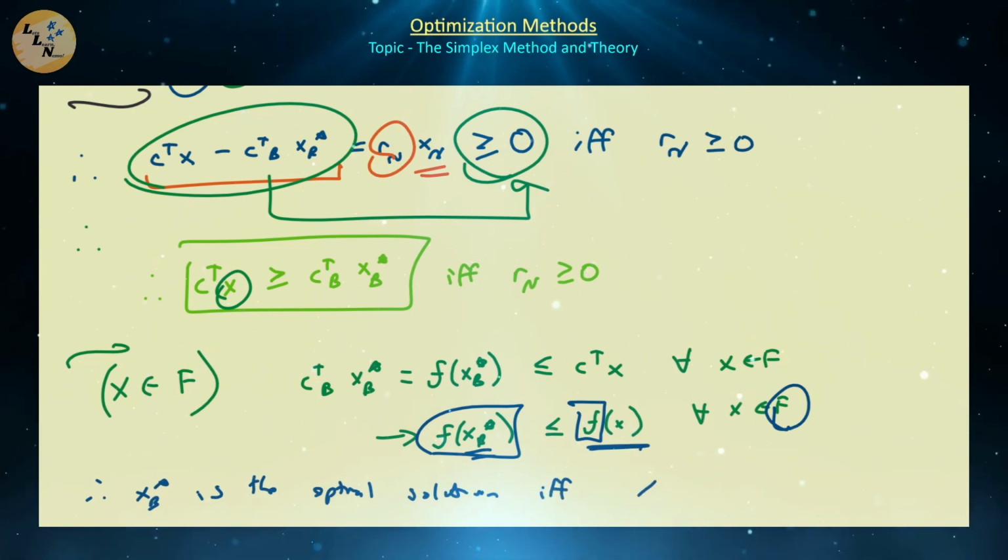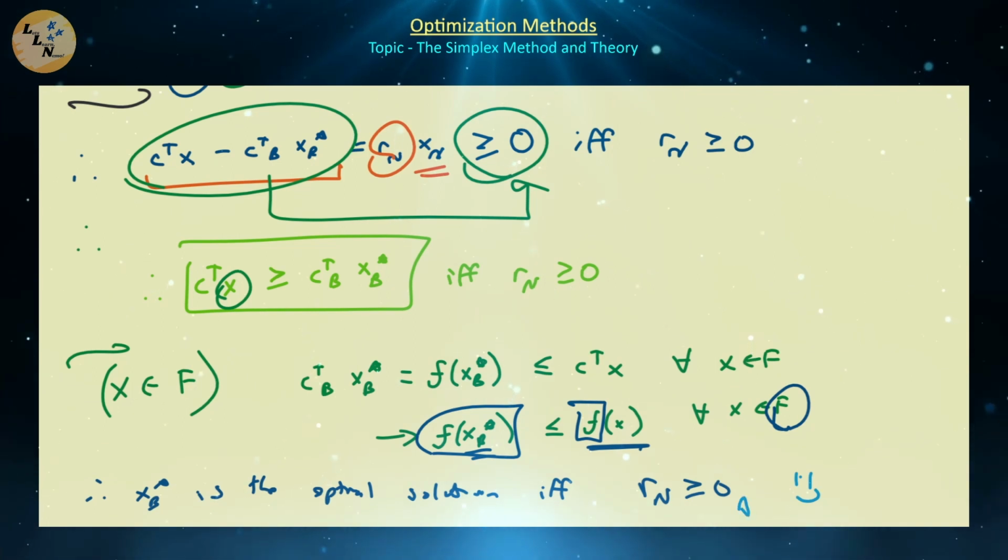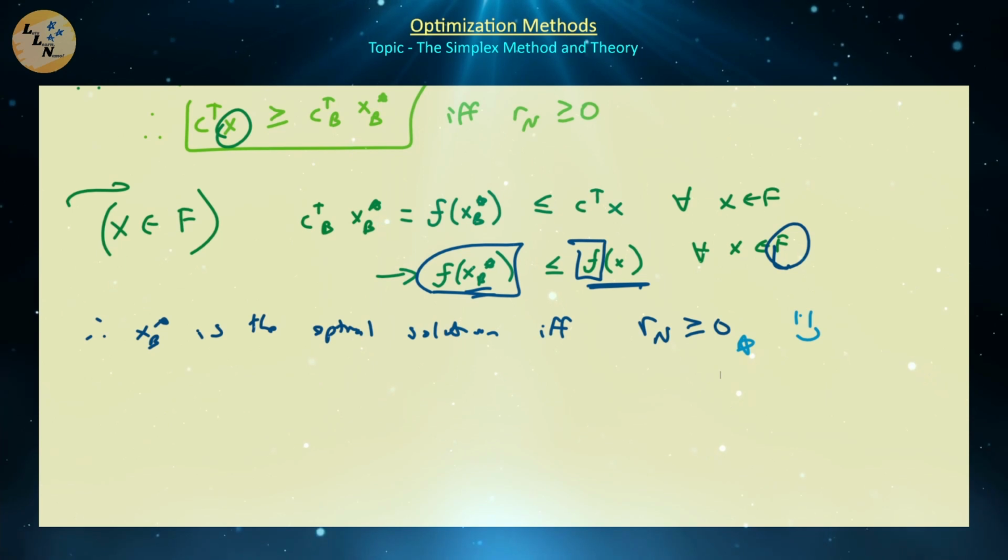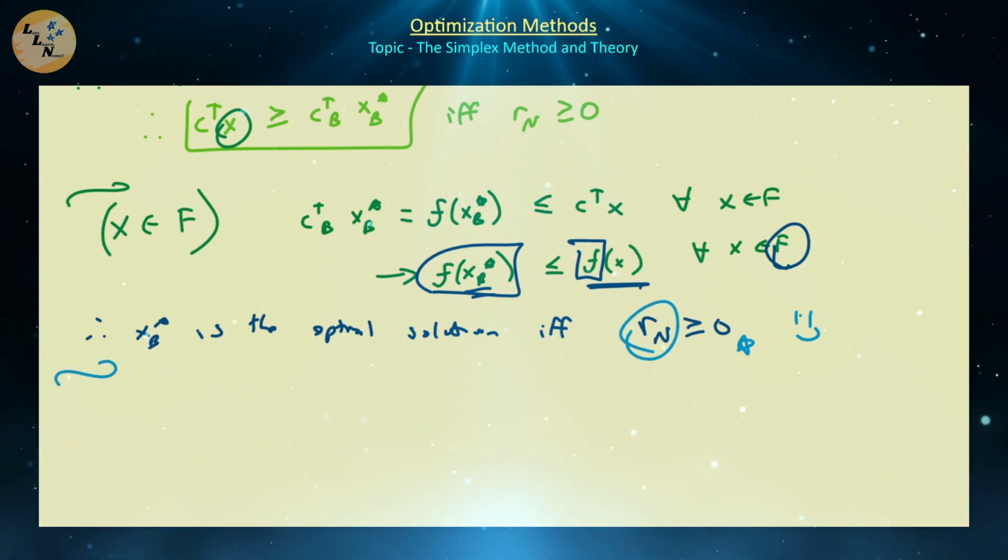if and only if the assumption R_N is greater than or equal to 0, right? And that is a very, very beautiful and very important result, right? And also keep in mind, in case you haven't already done so, what R_N actually is.